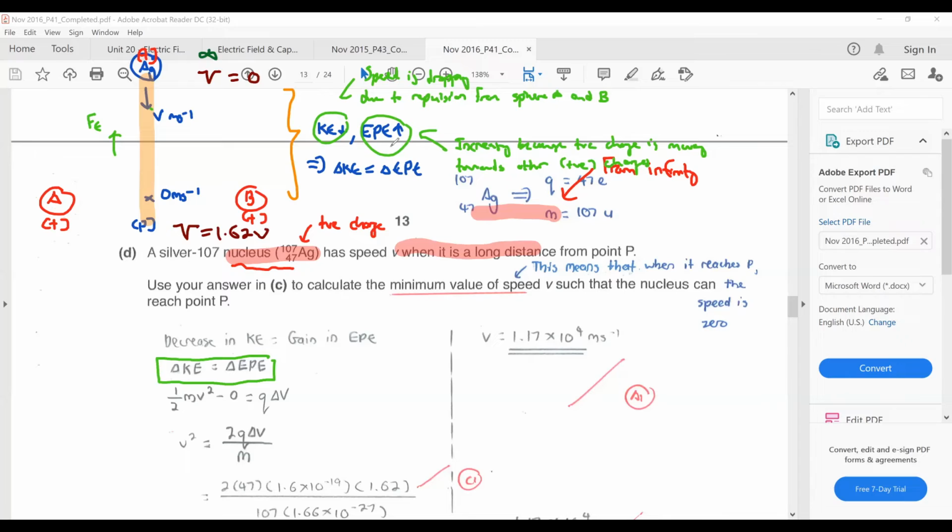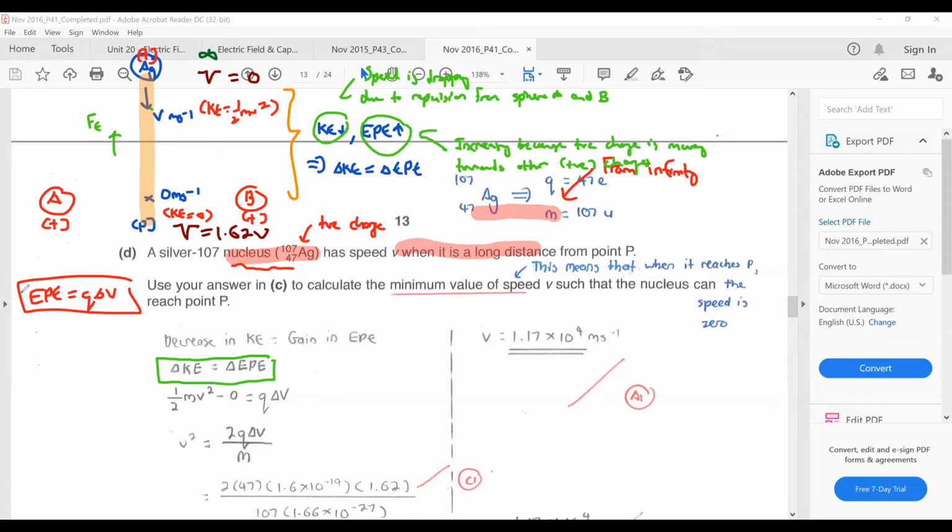I talked to you about change in KE equals change in EPE. So in your case here, your KE here would be half mv squared. Your KE here obviously would be 0. Right, your EPE here. Now, EPE, I mentioned to you, is useful to use this.